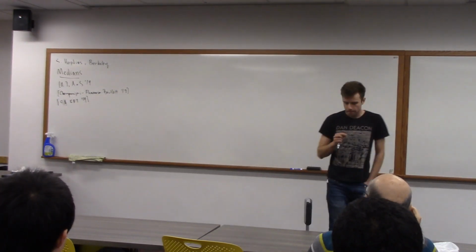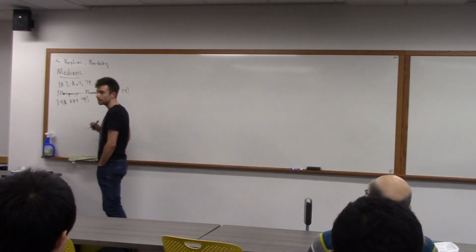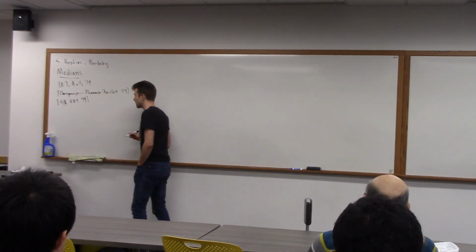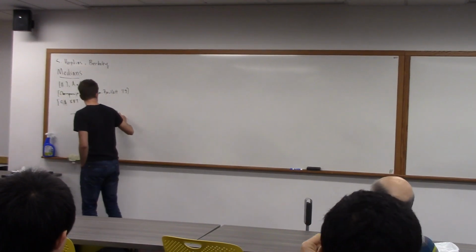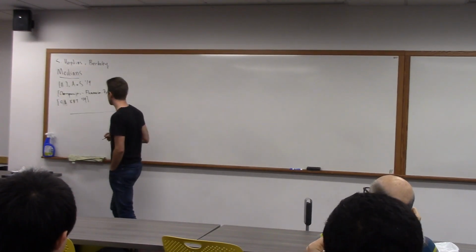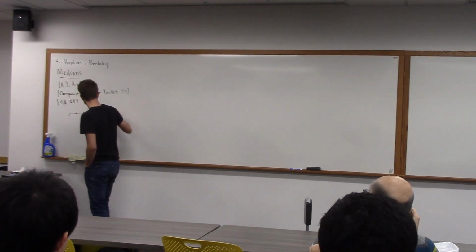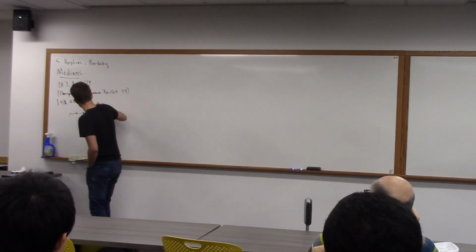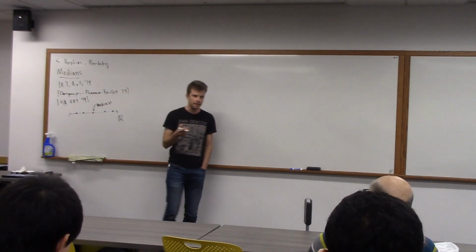Okay. So, what's up with the median? Let's remind ourselves what a median is in one dimension. If I have a set of points on the line, then the median is the point in the middle, like this guy, median. So, why do you use the median?